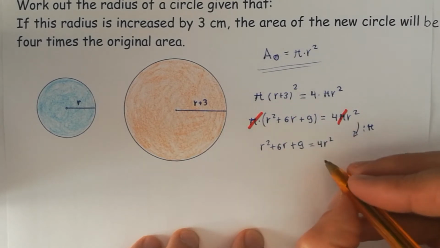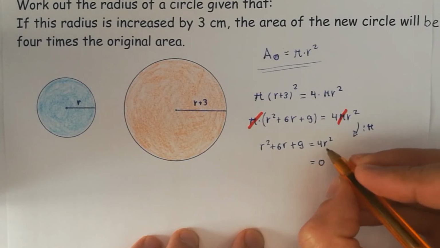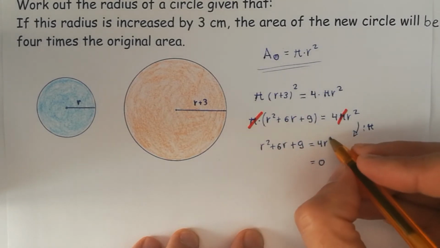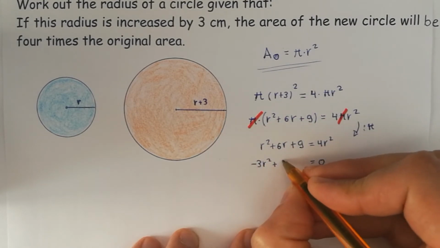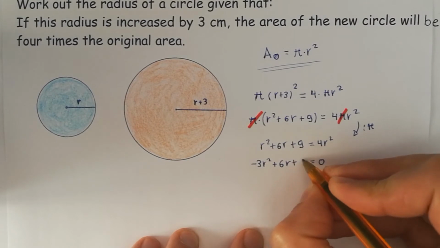Now we leave 0 on the right and we get minus 3r squared plus 6r plus 9.